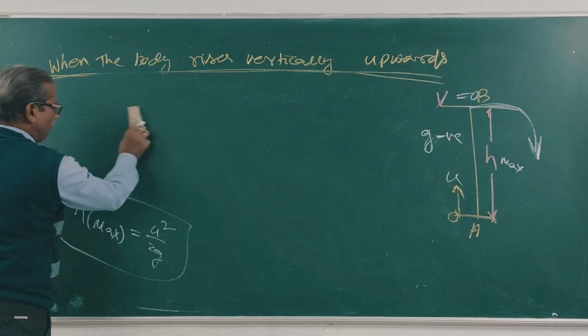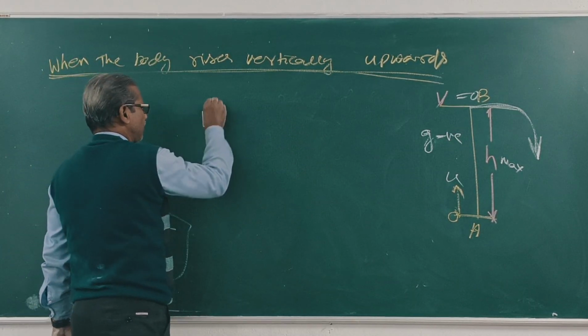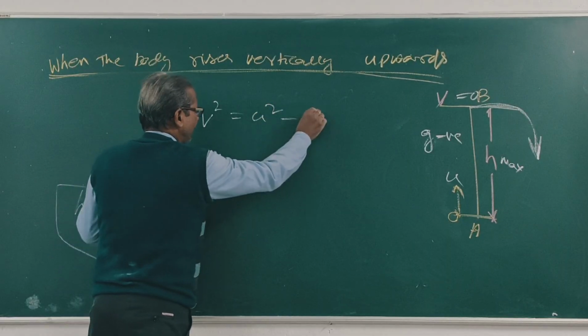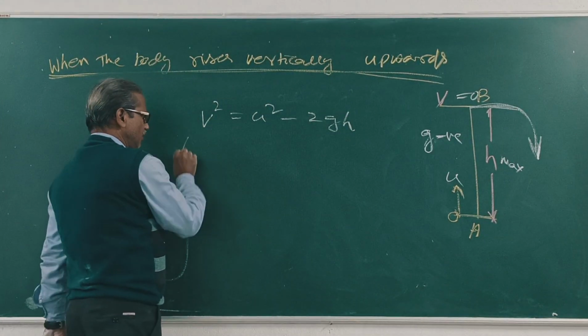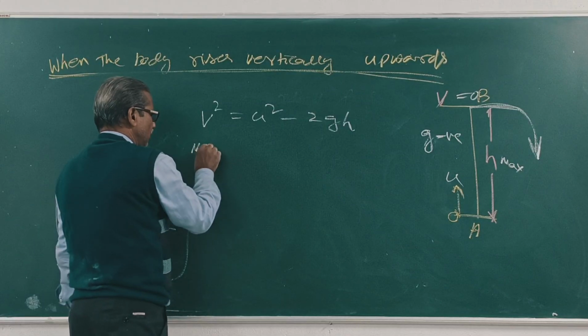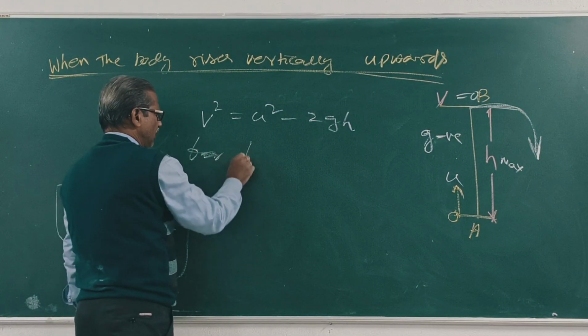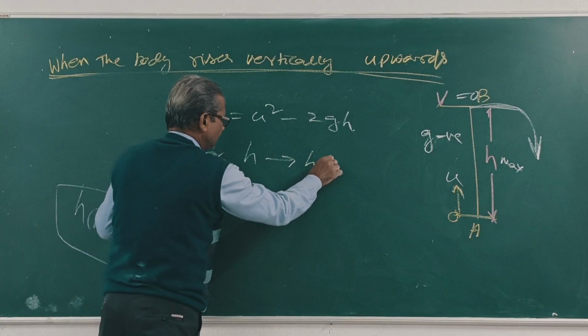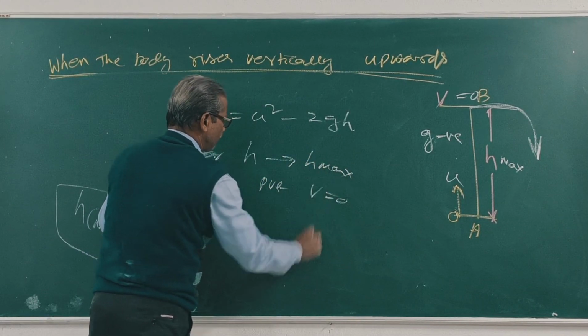Using v square is equal to u square minus 2gh, for h equal to h max, put v equal to 0.